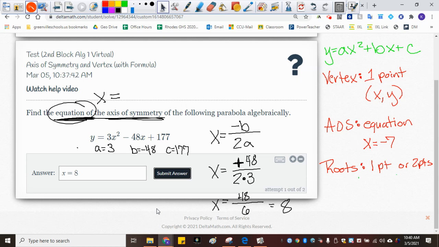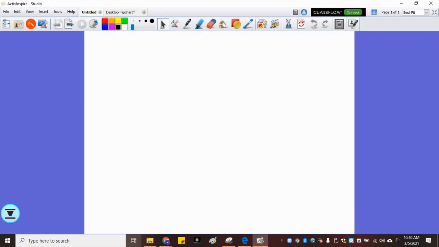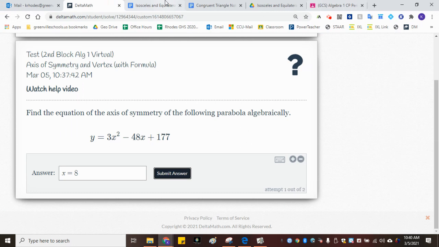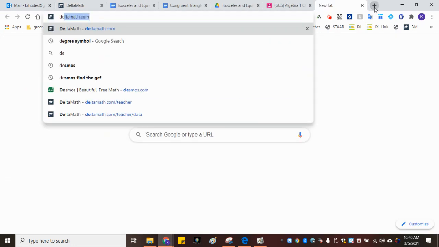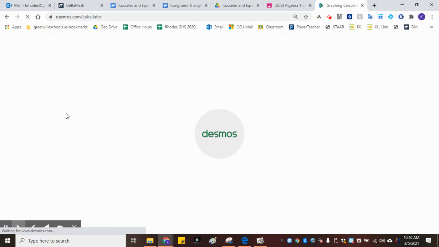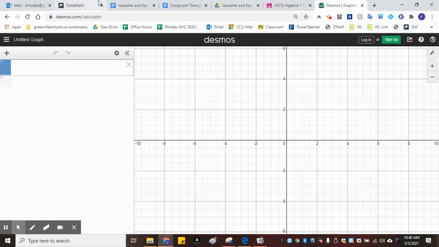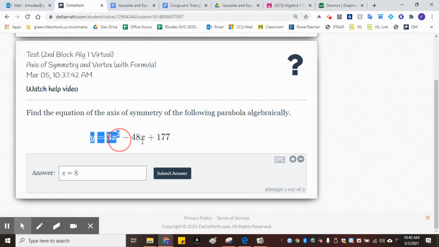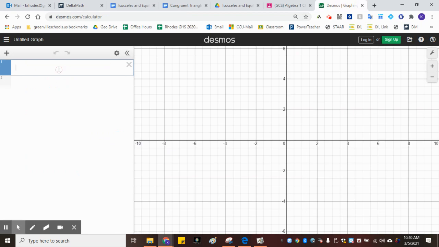How are you going to check your answer before you hit submit? How can we check our answer? Look, I want you to be able to solve it algebraically, but you can also just graph it. This doesn't work, but at least it will.